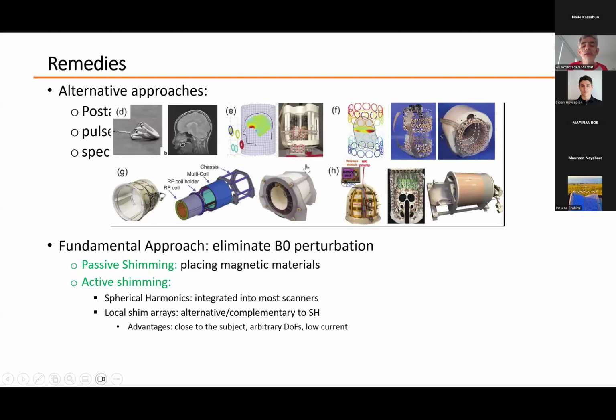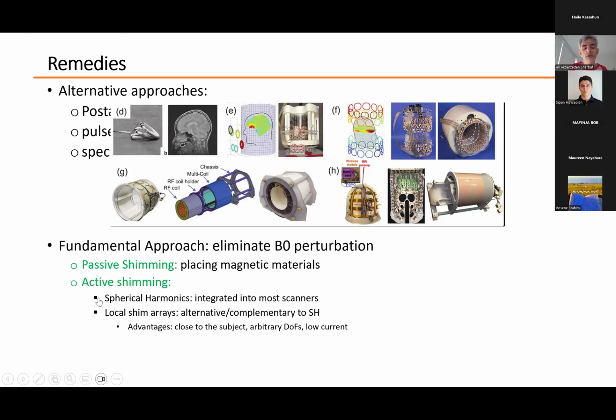How? There are two different ways. One way is passive shimming. Passive shimming is just placing some magnetic materials inside the bore to make the B0 field more homogeneous. The other way is active shimming.